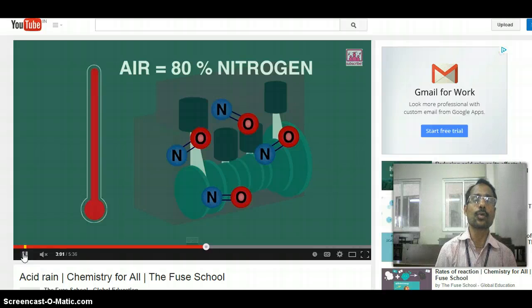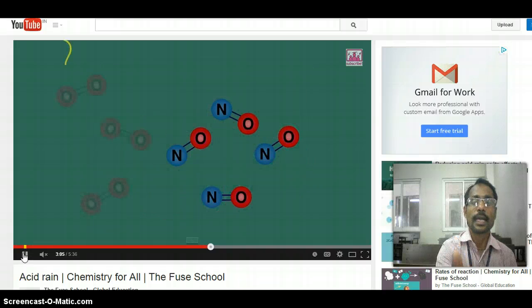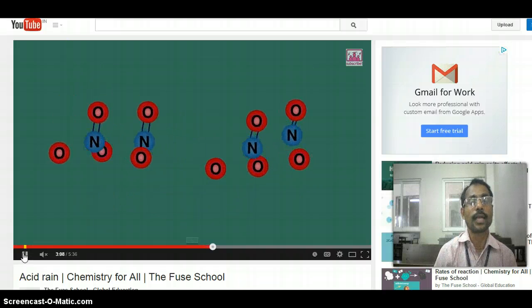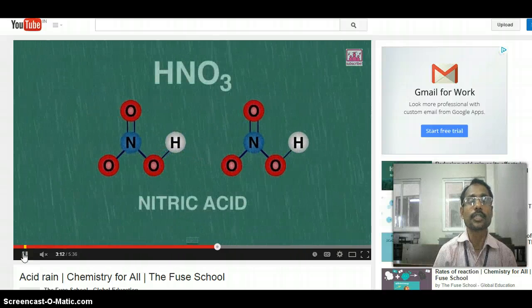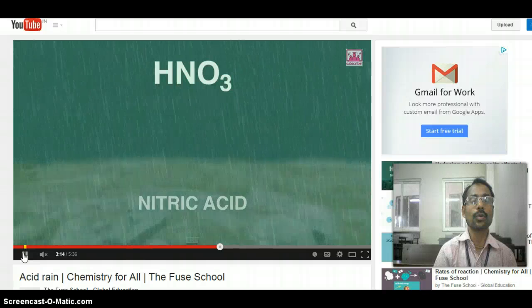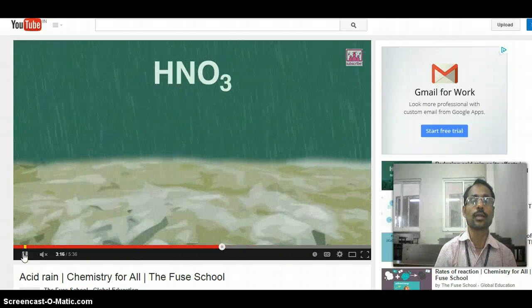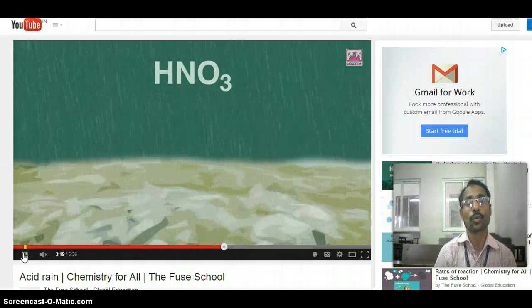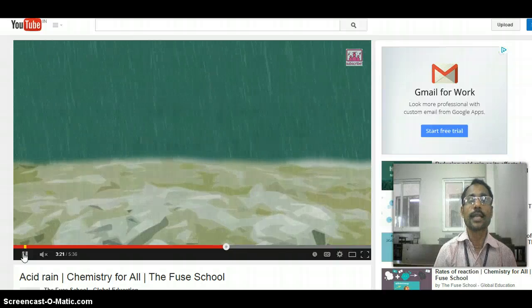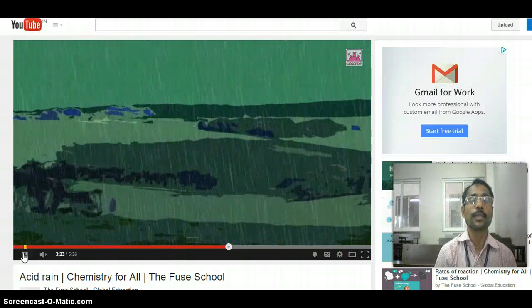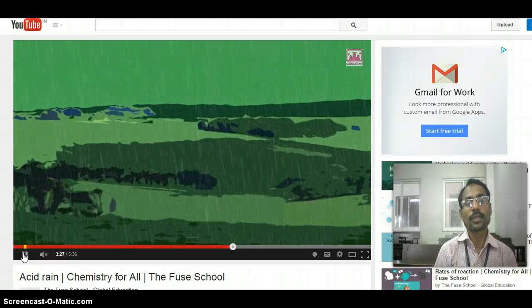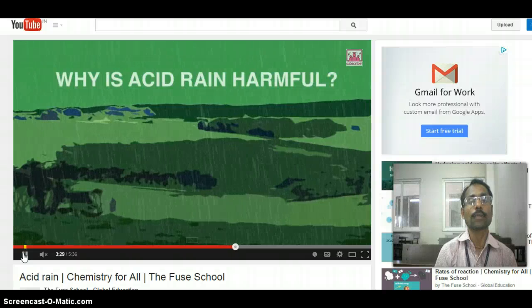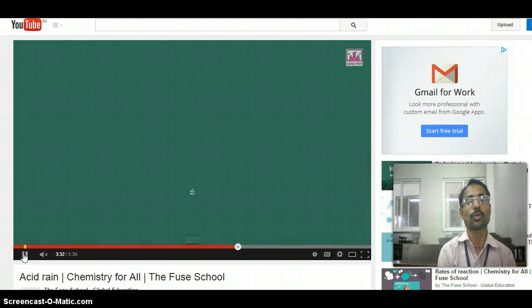Similar to the formation of sulfuric acid, nitric acid is formed from nitric oxide. NO combines with H2O, giving rise to nitric acid, HNO3. This nitric acid as well as sulfuric acid makes the rainwater acidic. So finally, the rainwater becomes acidic due to nitric acid and sulfuric acid.